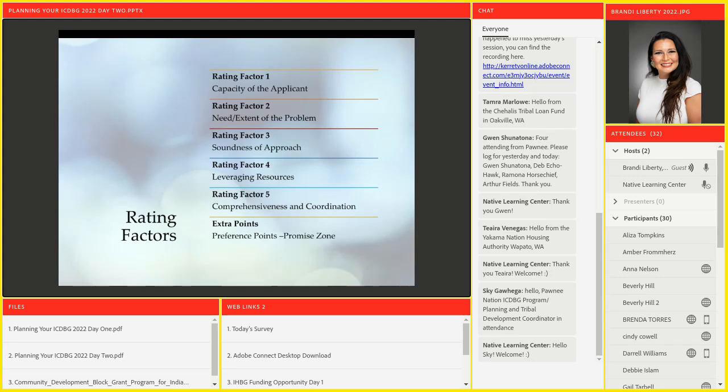If you do have any gaps in capacity, which a lot of tribes do, maybe in the finance department, or with development consultants or architects and engineers, you must provide a gap capacity assessment. And if you don't have any gaps in capacity, you must have a statement in that section that says you have no gaps in capacity.